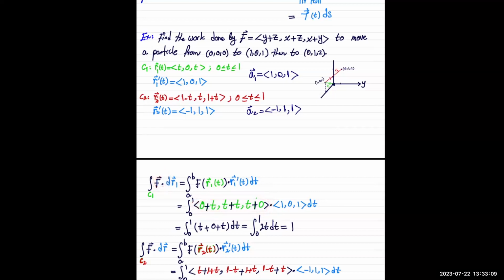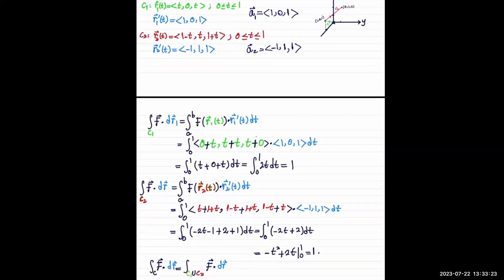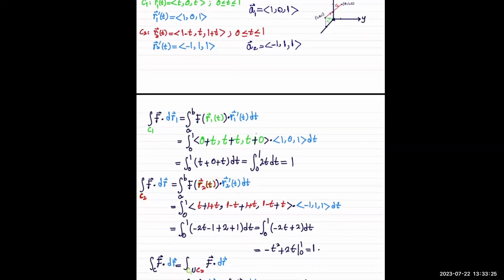And then you dot that with the derivative of the first r. The derivative of r1 is the vector 1, 0, 1. Do the dot product: you get t times 1, that's a t. The middle component gets multiplied by 0, you get 0.